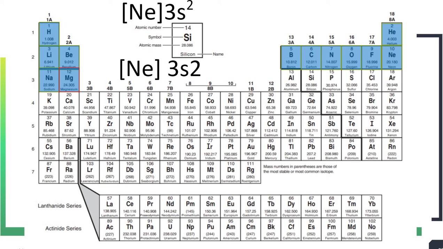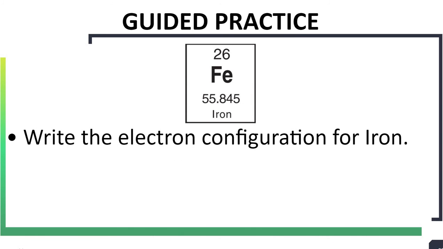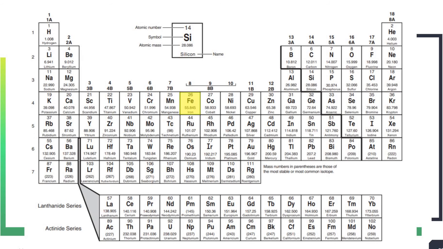Let's try one more. Let's write the electron configuration for iron. First steps first, find iron on the periodic table. So right here we have iron. Second step, find the noble gas from the previous row. So we're in row 4. We're going to look at the previous row, row number 3, at the noble gas, which in this case is argon.